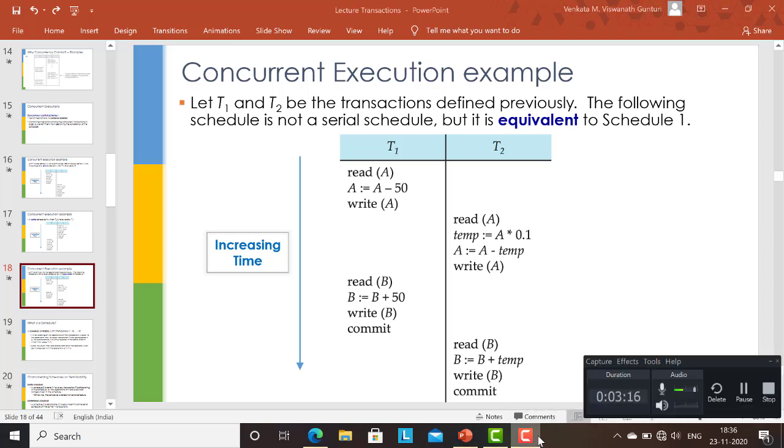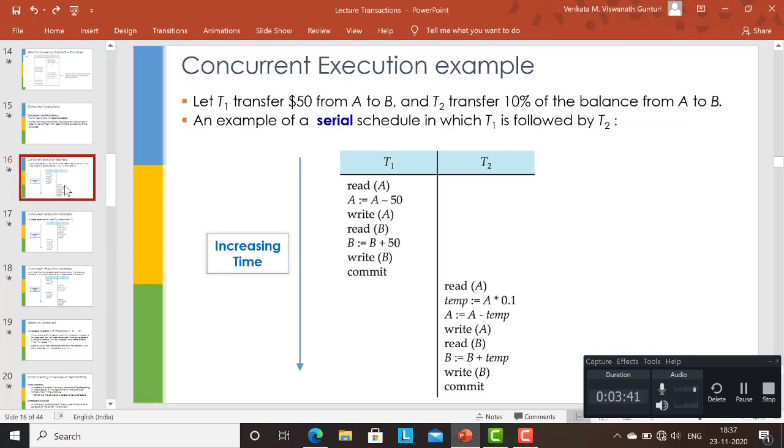Okay, now the question that we ask is, this interleaving which has been allowed by your concurrency control manager, what is the end result of this interleaving? If you watch closely, the final output after this interleaving will be the same as the interleaving which is given in this slide.